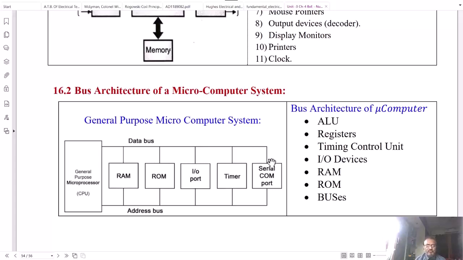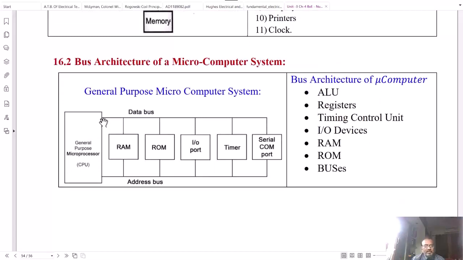For example, if you want to send 16-bit serial data on a serial port, it needs at least 16 clock cycles. So sending the data is 16 times slower than the data rate available with I/O ports. So this is, in general, the block diagram and the functions of the microcomputer system.